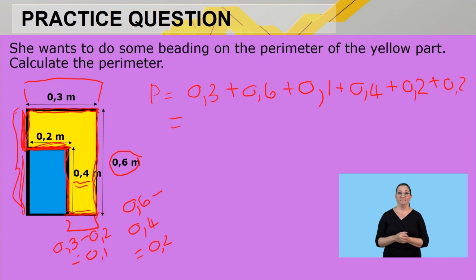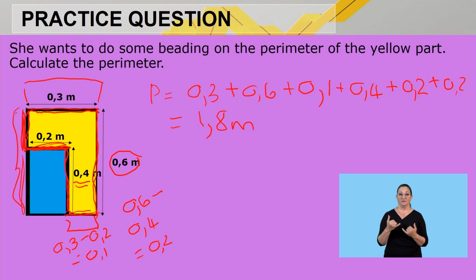Now we need to punch each of that into our calculators. 0,3 plus 0,6 plus 0,1 plus 0,4 plus 0,2, and then the last one plus 0,2 as well, and then we get our answer as 1,8 meters.